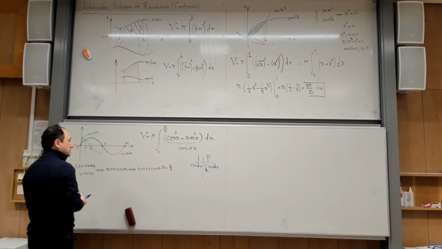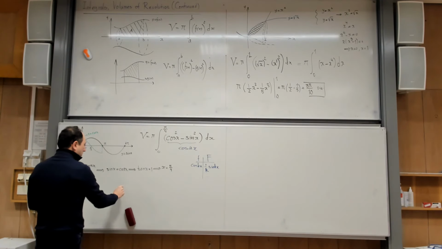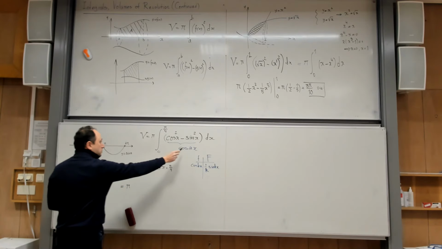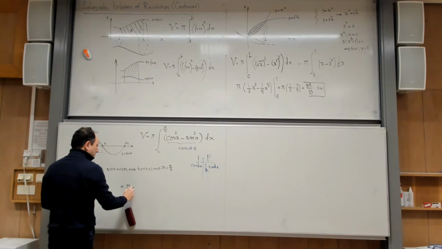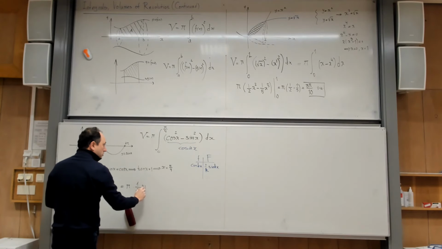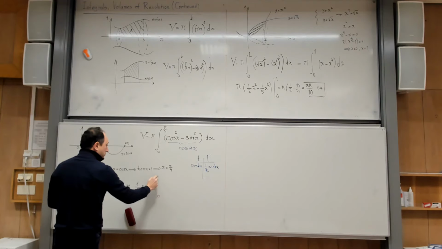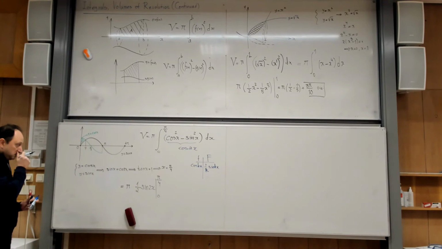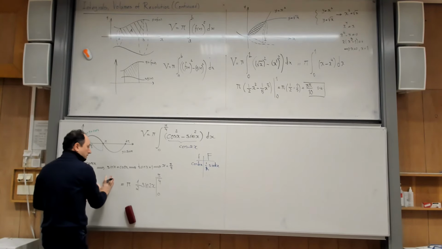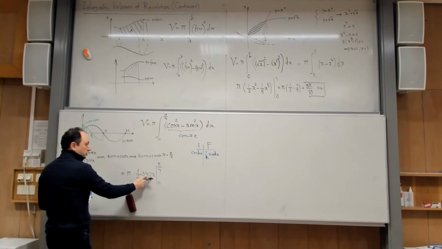So if I continue here, this becomes pi times 1 over k, which is 1 over 2, but sine 2x, and it goes from 0 to pi over 4. Okay, so what happens now? I have to put in pi over 4, and I have to put in 0.